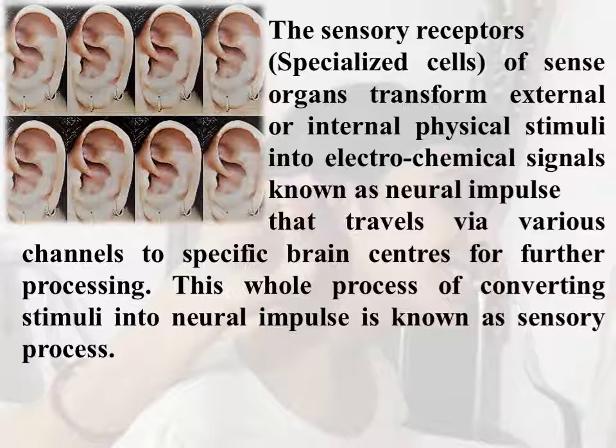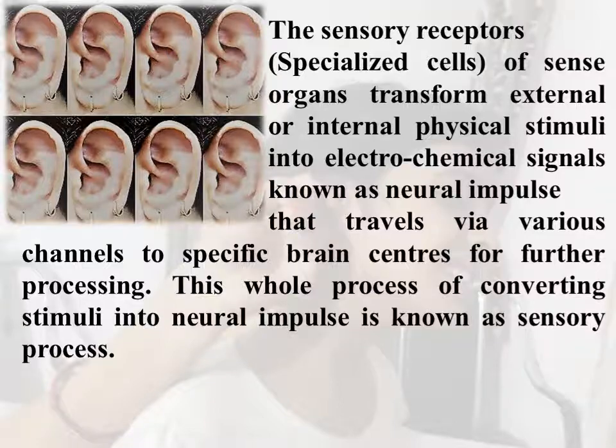This whole process of converting stimuli into neural impulses is known as the sensory process. If you want to remember the sensory process in one line, it is converting the stimuli into neural impulses. So this is totally sensory or the sensory process.